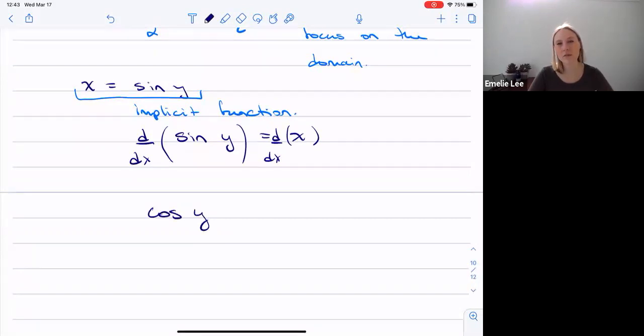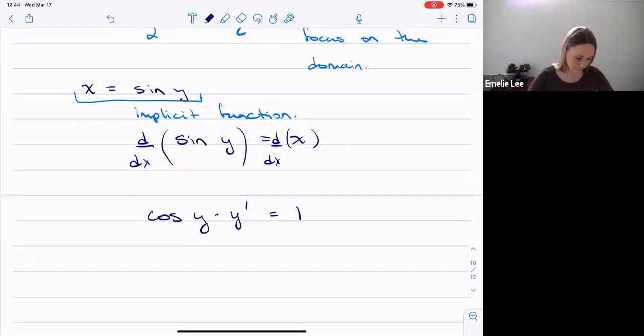Derivative of sine is cosine, evaluated at the inside, which is just y. But then I also have times y prime, the derivative of the inside, which is y. And then the derivative of x is 1.